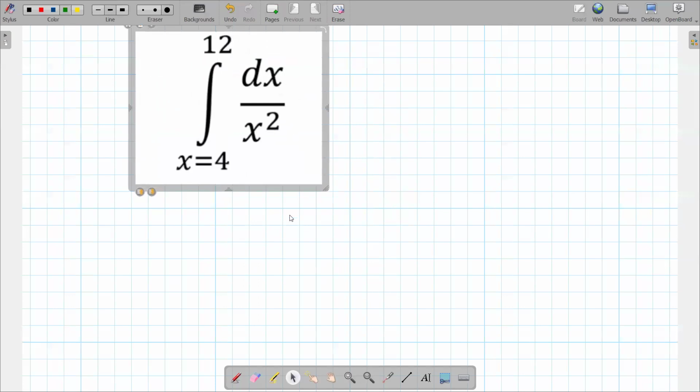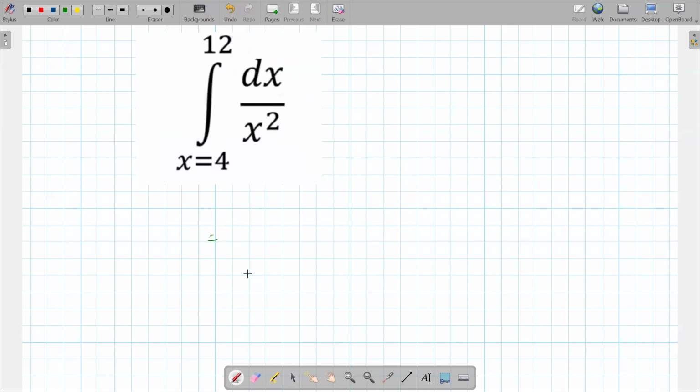Why don't you try this one? What's the integral? Give me the integral function. Is it negative x to the power of -1?